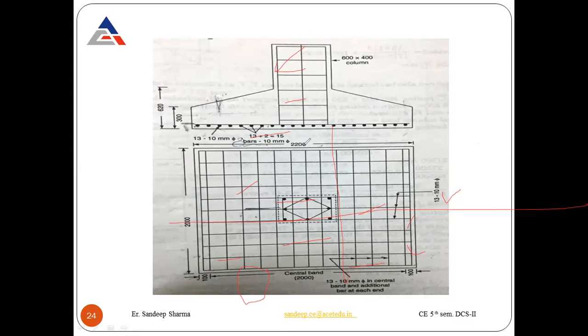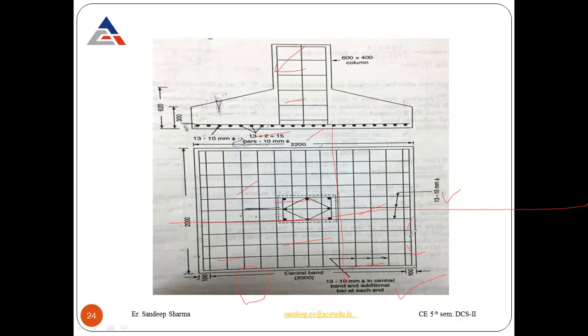And in between, because this one is 2200 along this side, at the end we need to provide one more bar. You can see it here at each end. So here we have 13 bars of 10 mm dia in the central band, and an additional bar at each end.